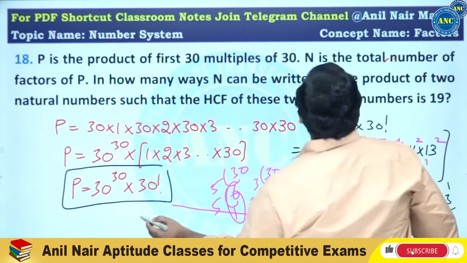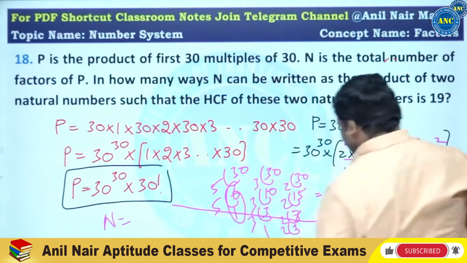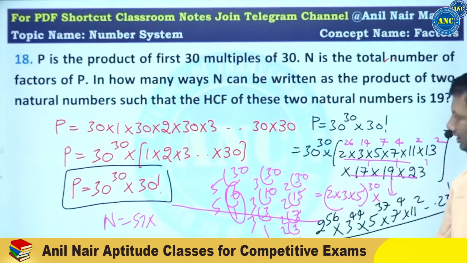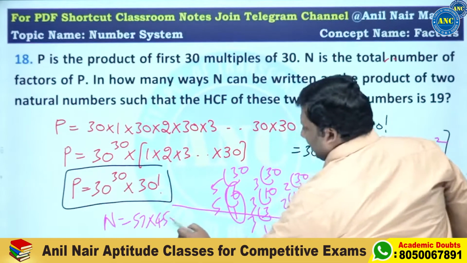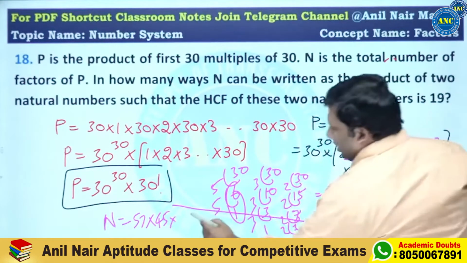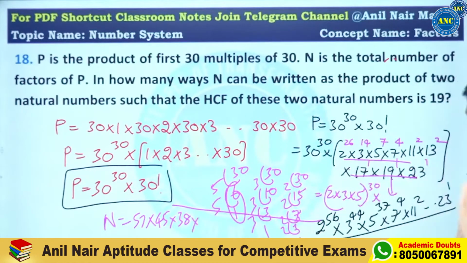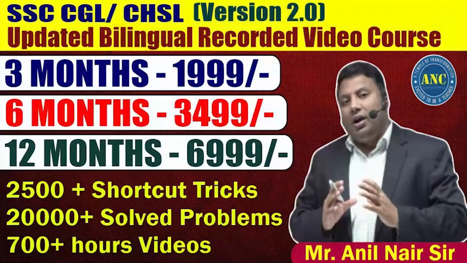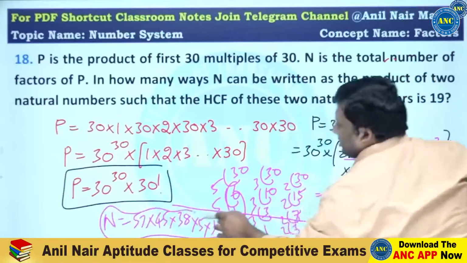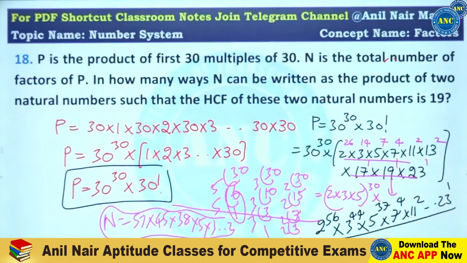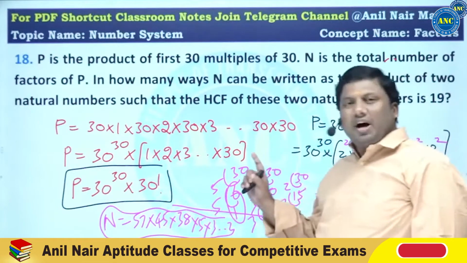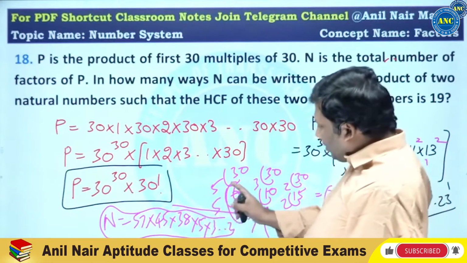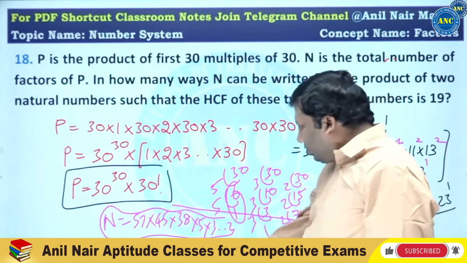N is the total number of factors. 56 means 57 factors, 44 means 45 factors, 37 means 38 factors, 4 means 5, the remaining 3 and the others will be 2. This is n. I hope it is clear. It looks like a complex question, but actually it's an easy question. 57 into 45 into 38 into 5 and so on.